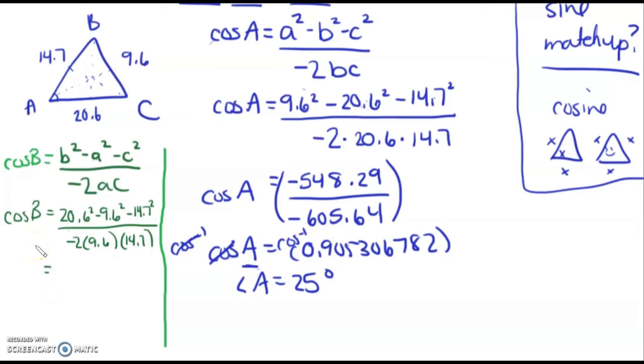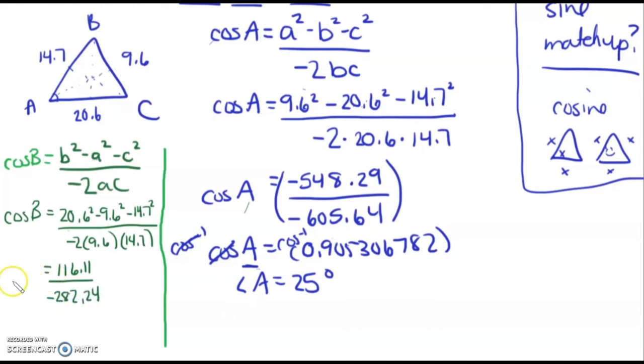Okay, and I will put these in my calculator separately. So 20.6 squared minus 9.6 squared minus 14.7 squared. For the numerator, I get 116.11. And then I get negative 2 times 9.6 times 14.7, and I get negative 282.24.